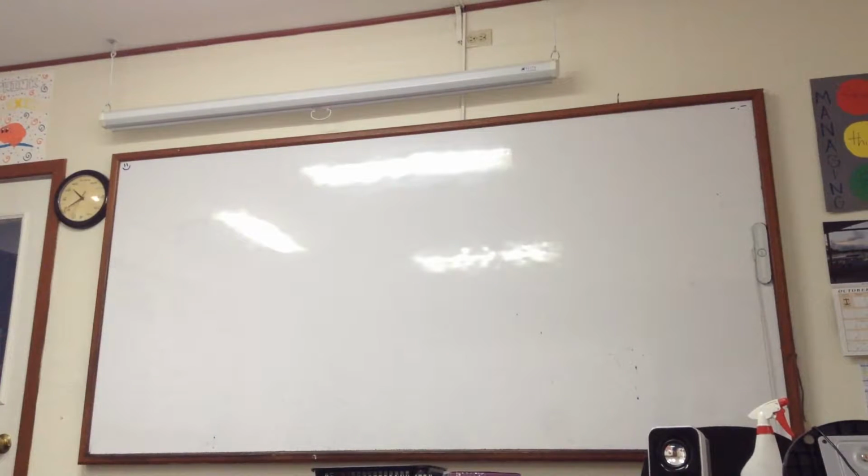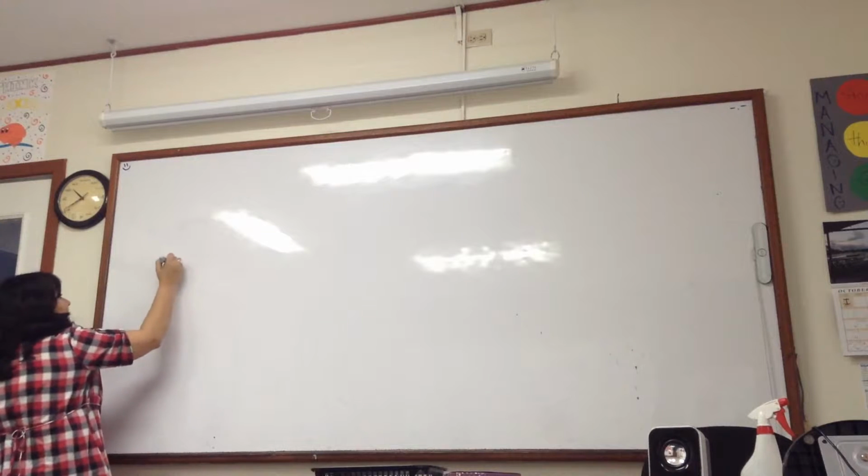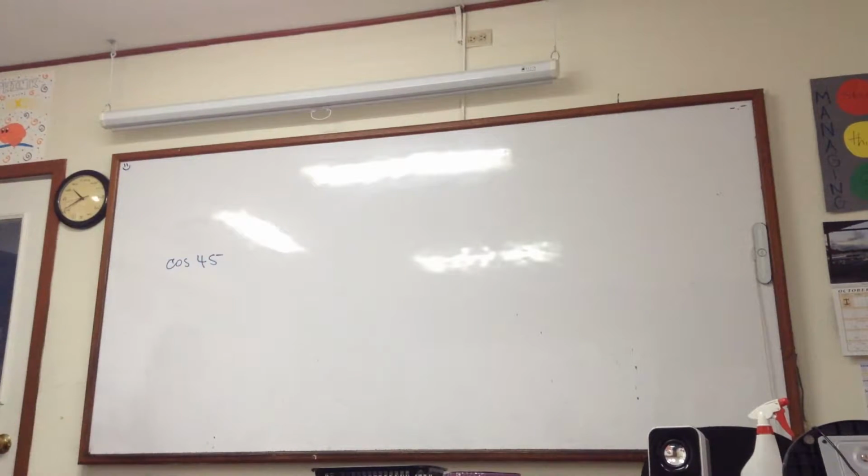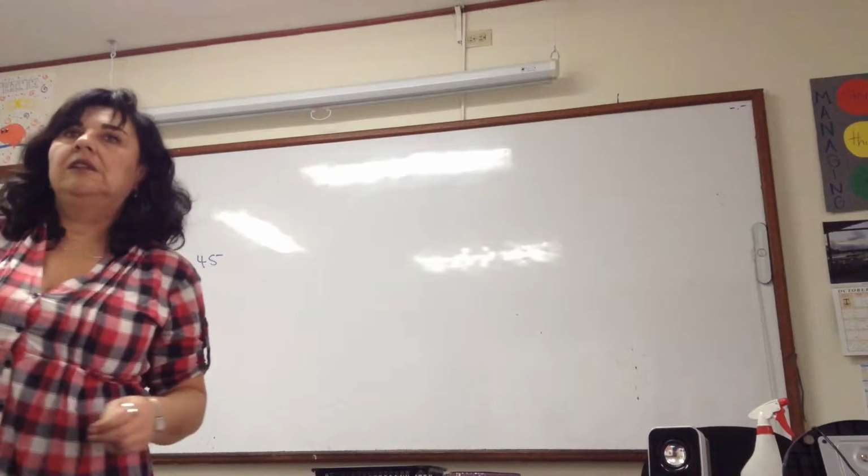So everybody has that? If I give you, for example, what is the cosine of 45 degrees? You go on your calculator and you press cosine of 45. Equals 0.70.